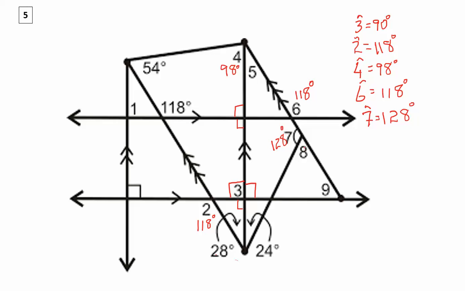Now, because that's 128, I've got two angles here that are supplementary. This angle here should equal those two there because they're also alternate angles. If you look, there's my Z, in between my two parallel lines. So angle 8 should equal angle 24 plus 28, which we now know is, we've said it's 52 degrees.